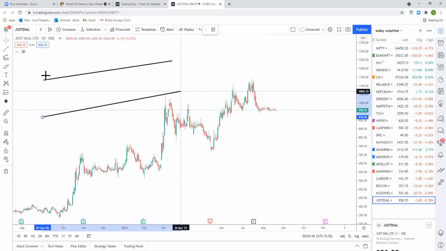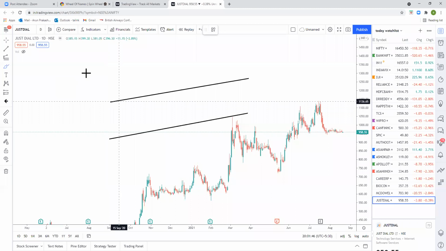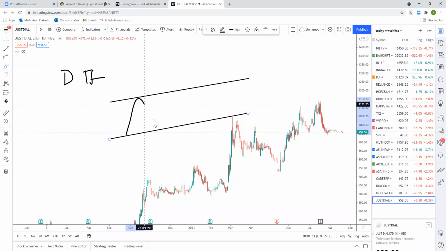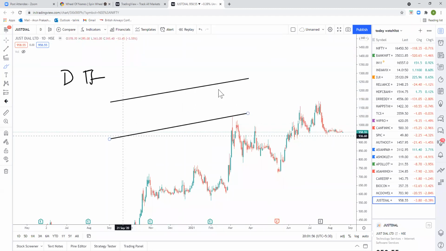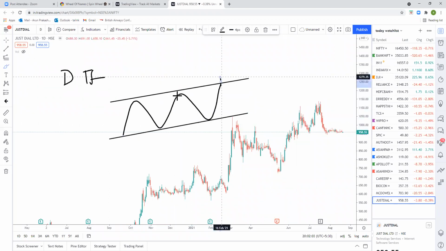Okay, so when you have a pattern like this in daily time frame, and the stock is moving within this structure, and you see a breakout happening. Breakout in the sense at 9:15 or 9:30, you will see candles going up. Now give respect to the time frame in which you have drawn this pattern.